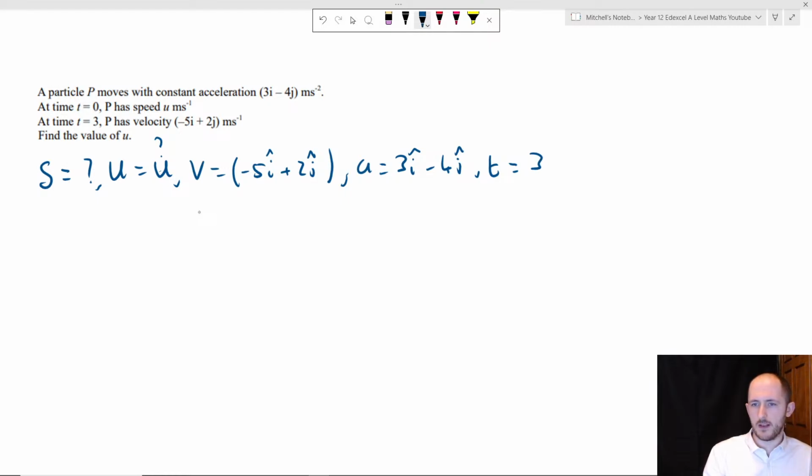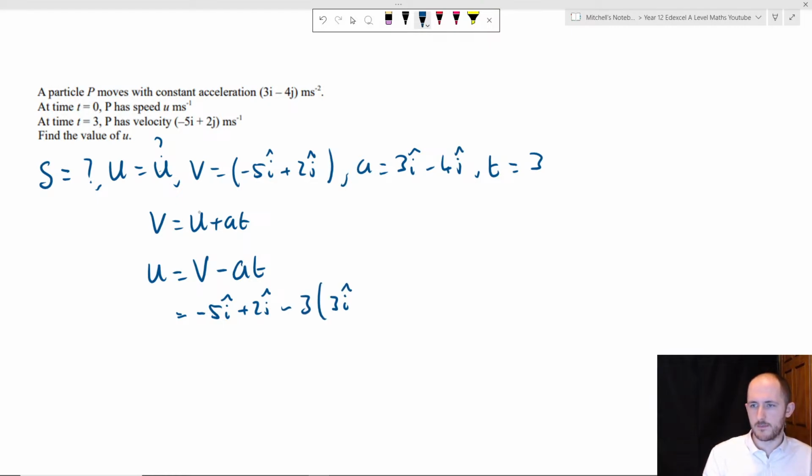So we have v, a, and t, and we want u, so we're going to use v equals u plus at, which means u is equal to v minus at, which in this case is going to be minus 5i plus 2j minus 3 times 3i minus 4j.